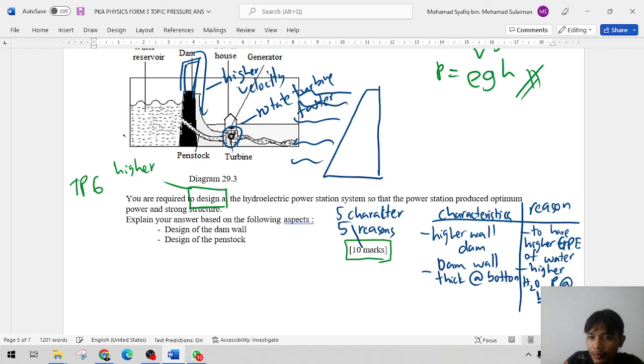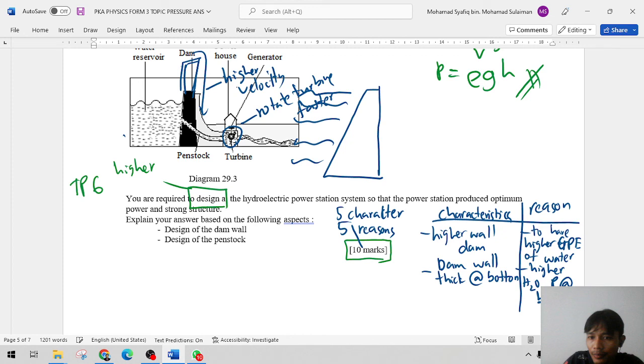Okay, and then about the turbine. Another two characteristics from the turbine or the penstock. Oh sorry, we want to make about the penstock. I think the penstock should be from above, not from the bottom, and then it will hit the blade of the turbine.